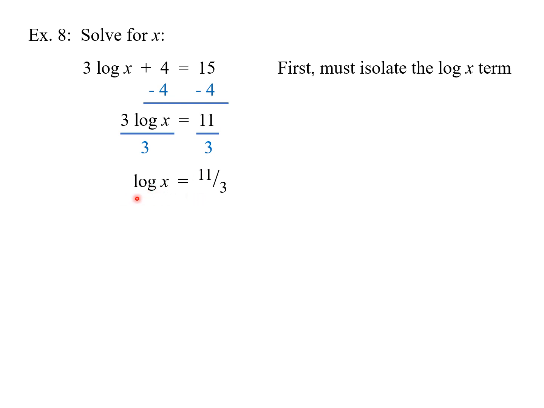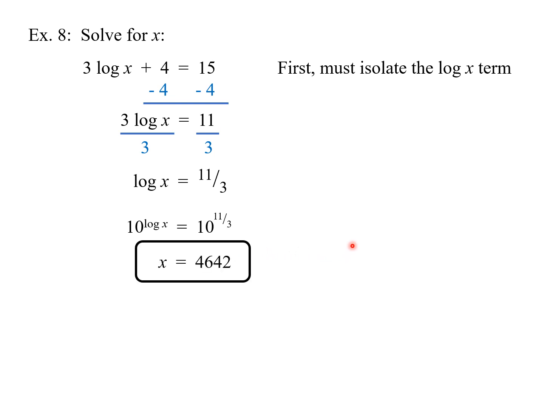Now we have this isolated, and to cancel out the logarithm, we can take 10 to the power. So 10 to the log of x equals 10 to the 11/3. 10 to the log of x are inverse operations. They undo each other, and so the left-hand side just becomes x. If you insert 10 to the 11/3 in your calculator, it should say 4,642.